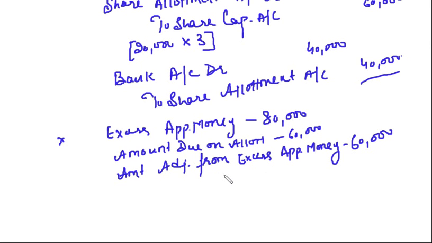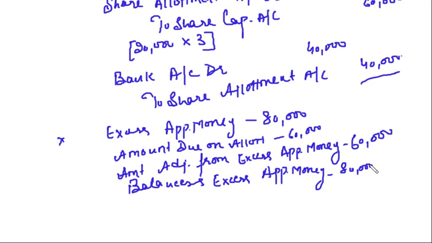What to do with the refund? Balance excess application money: this is 80,000 minus 60,000. Now what to do with this remaining 20,000 rupees? This depends on what is given in your question.